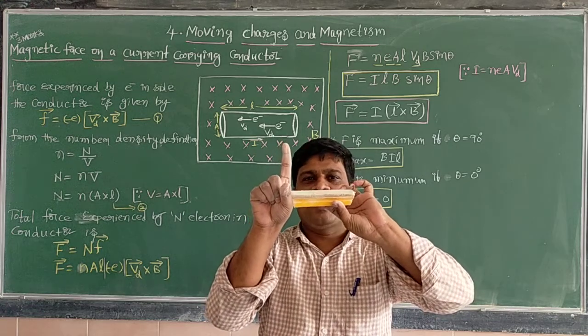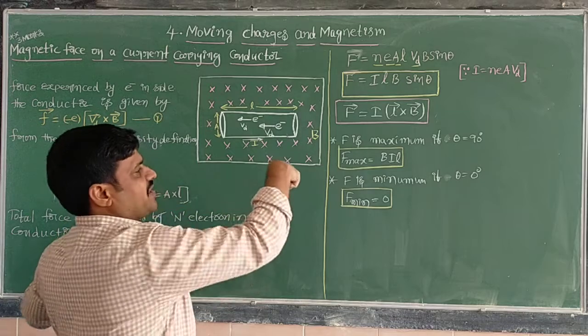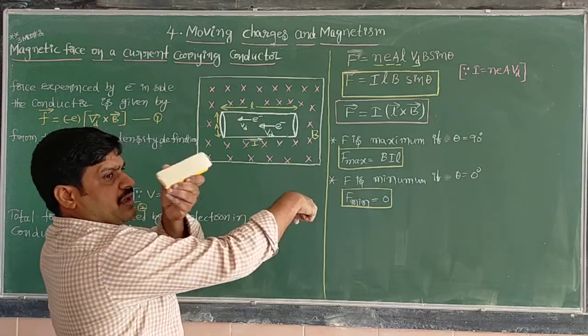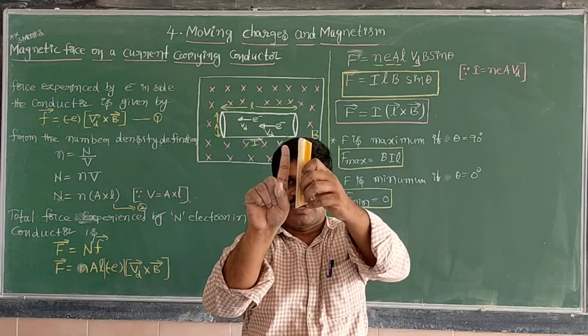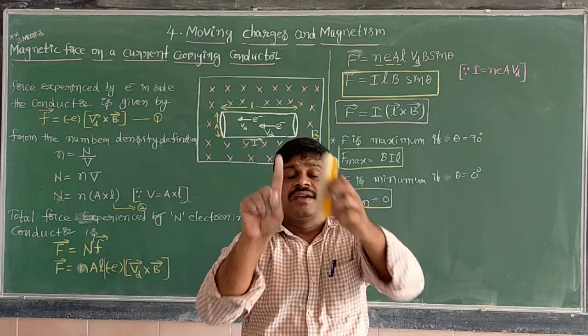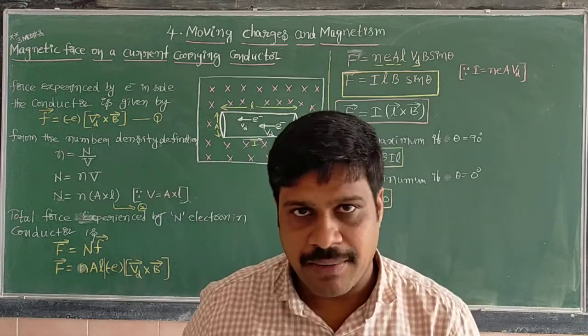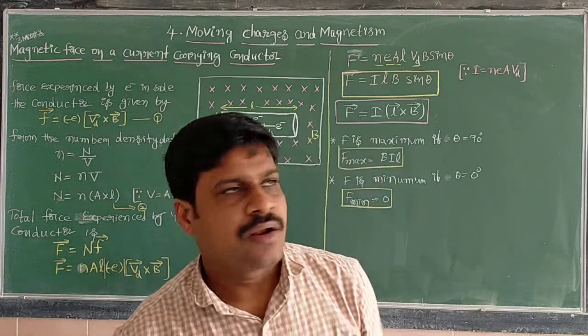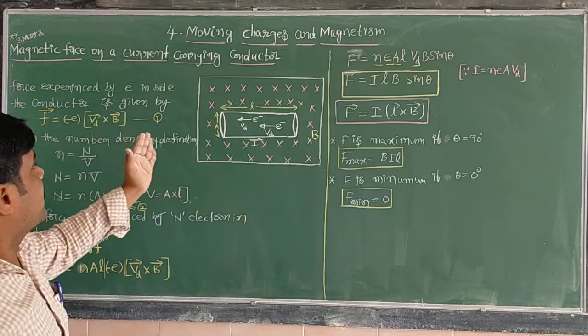In this case, the force becomes maximum. Suppose the direction of the magnetic field is like this, and you arrange the length of the conductor like this. Both are in the same direction. In that case, the force experienced by the conductor is minimum.